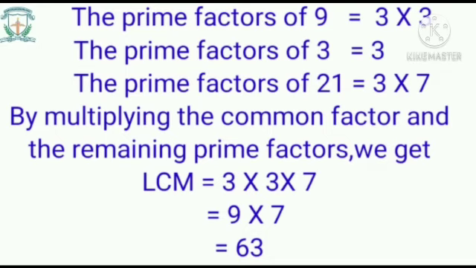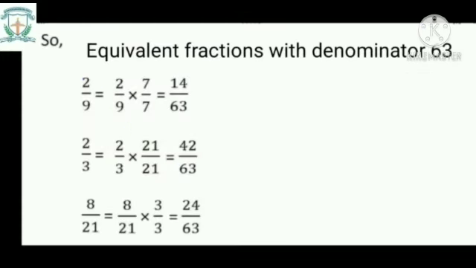The prime factors of 3 is 3. The prime factors of 21 is 3 into 7. By multiplying the common factor and the remaining prime factors, we get the LCM 3 into 3 into 7, that is equal to 63. Now we will find equivalent fractions with denominator 63.